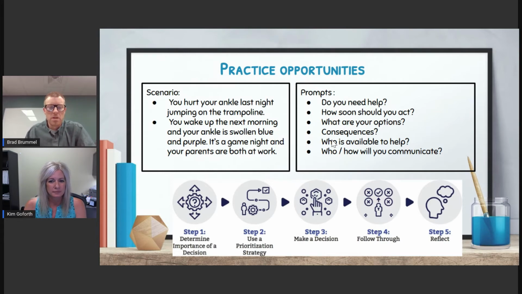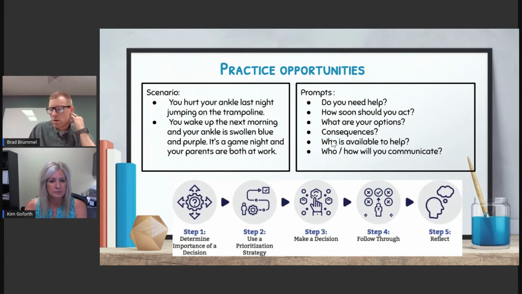These are the 5 steps that are involved with decision making. And so we would first want students to be able to determine the importance of the decision. Do you need help? Now you can see the questions in the prompts box. Do we need help? So that's helping us practice step 1, determining the importance of this decision. How soon should you act?